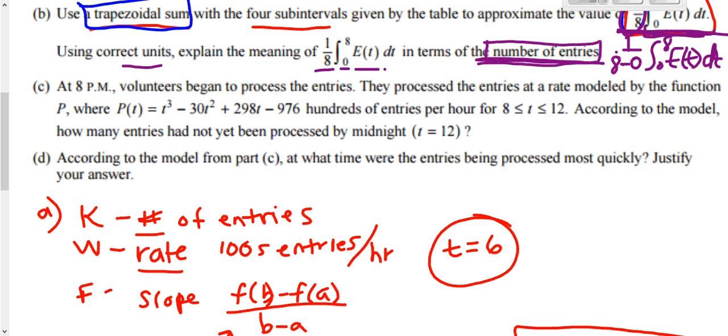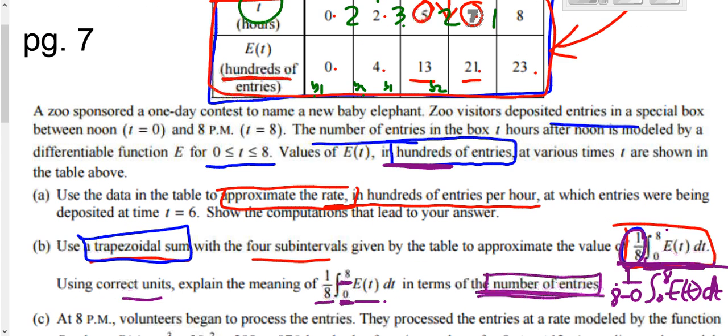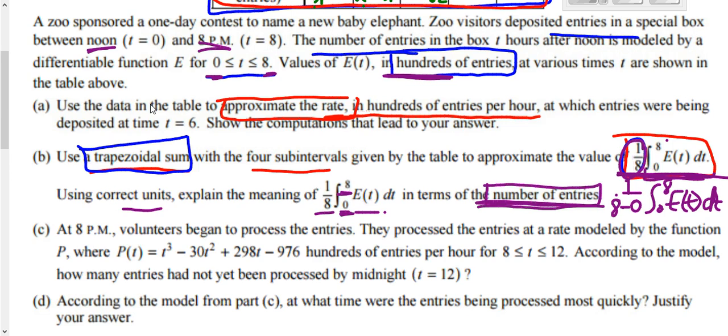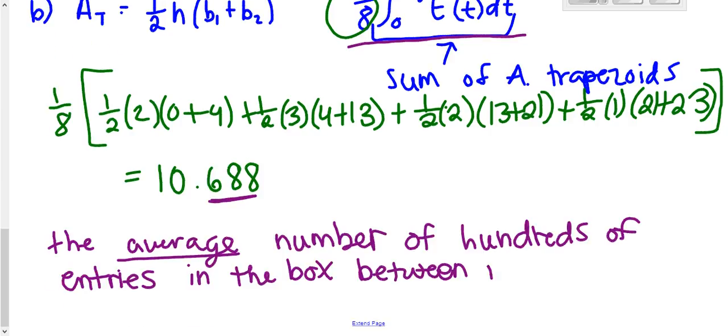They said it was between 0 and 8, which if we look up at our original problem, we're talking about 0 to 8. We're talking about noon to 8 p.m. Noon and 8 p.m.